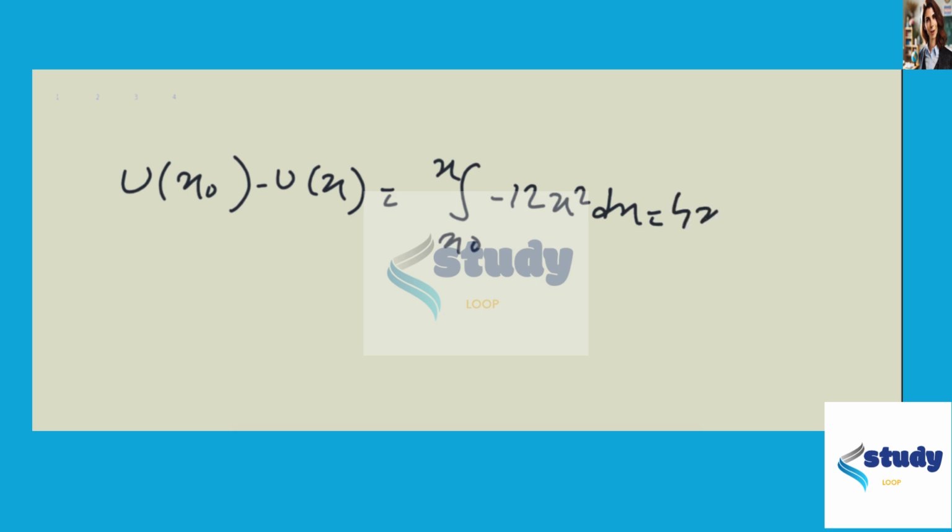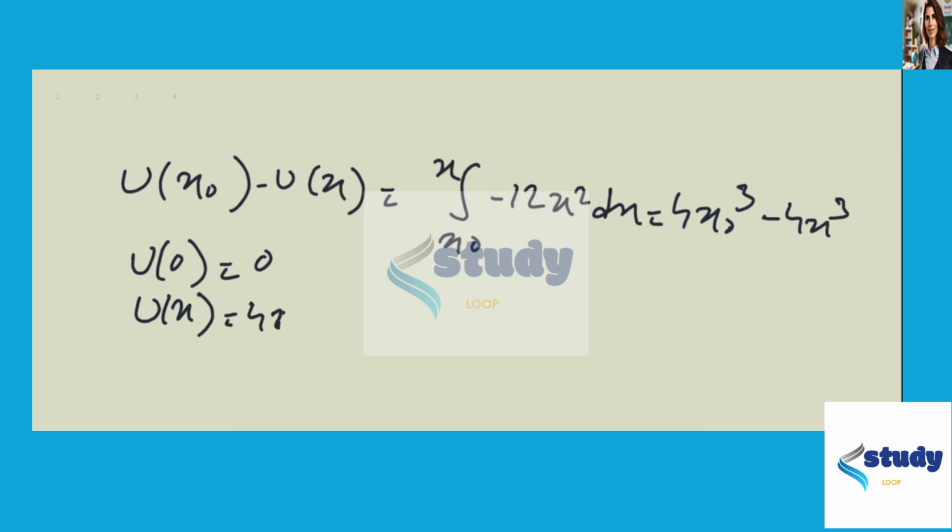This is 4x naught cubed minus 4x cubed. From the initial condition, U0 is equal to 0, so U(x) will be 4x cubed. So the potential energy at any point x will be given by U equals minus 4x cubed.